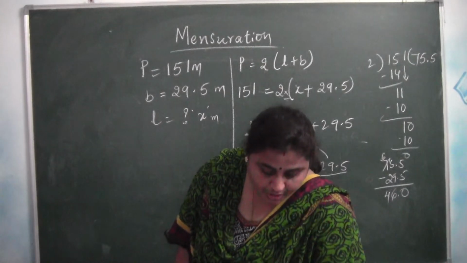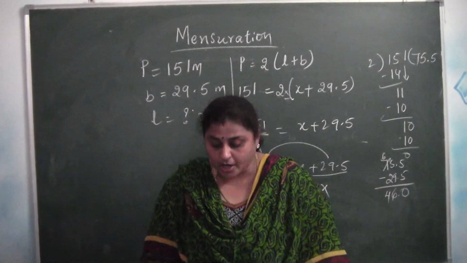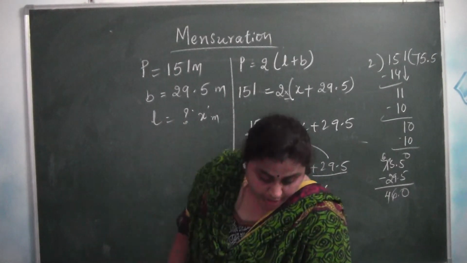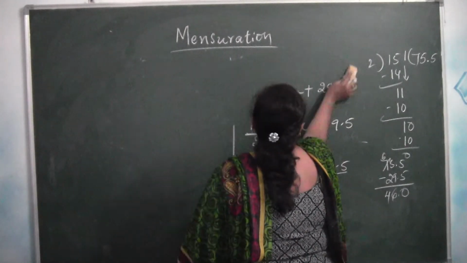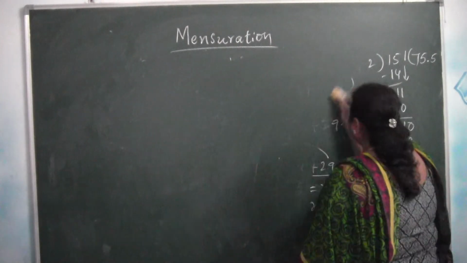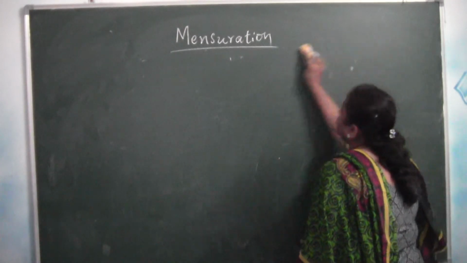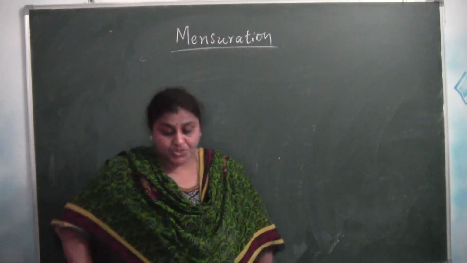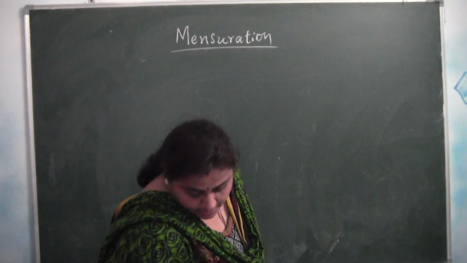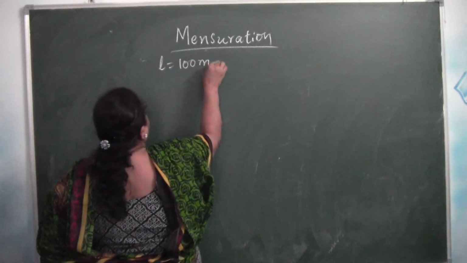Find the cost of building a boundary wall around a rectangular plot 100 meters long and 40 meters 75 centimeters wide. Let us look into another problem, children. So here they are asking to find the cost of building a boundary. Now let us see. Long means length is 100 meters.